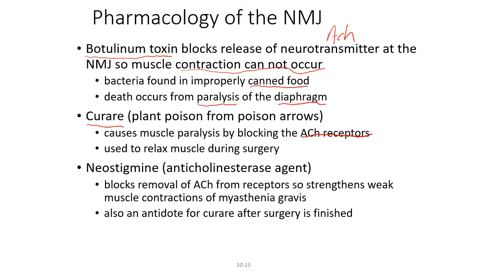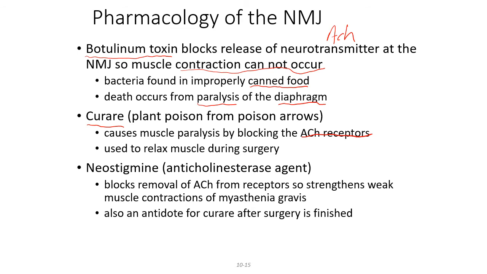There's still acetylcholine coming out, but it can't go anywhere. It's got nowhere to bind. So as far as the muscle is concerned, nothing happened. The neuron is still doing its job the way it's supposed to, but now it has nowhere to bind that acetylcholine. This was one of the first substances used to cause paralysis for surgery.